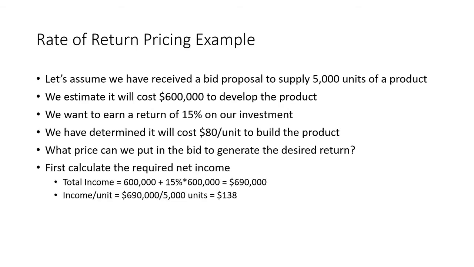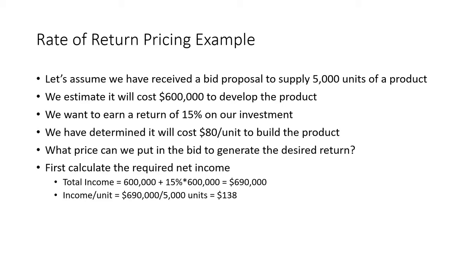So first of all, we can calculate the required net income from selling those 5,000 units of product to the customer. That total income would have to be the $600,000 to repay our investment, plus the return on our investment, which is 15% of $600,000, such that the total amount of income we need to generate from selling those 5,000 units of product is $690,000.